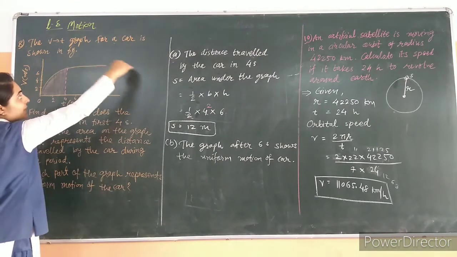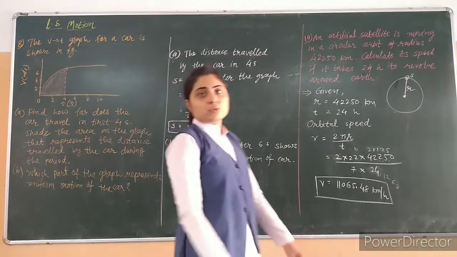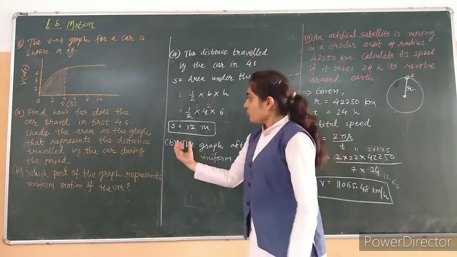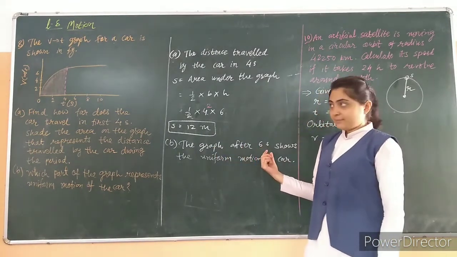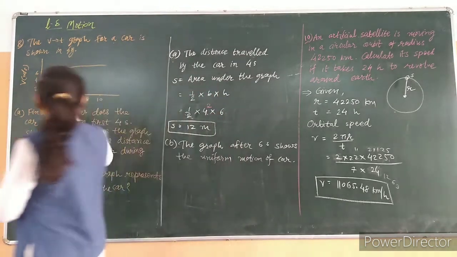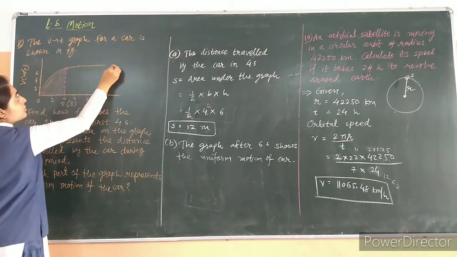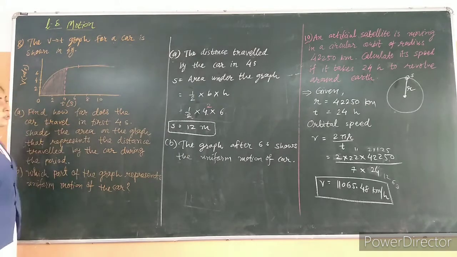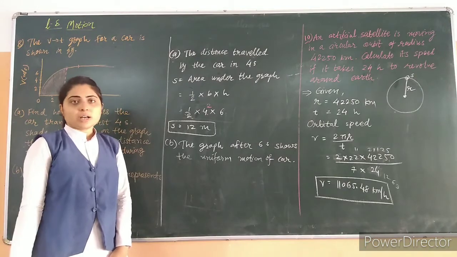A line parallel to the x-axis gives uniform speed motion, uniform motion. So which region? The graph after 6 seconds. After what time? Here, after 6 seconds, it shows a straight line. So the graph after 6 seconds shows the uniform motion of the car.